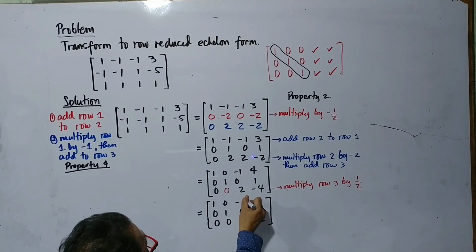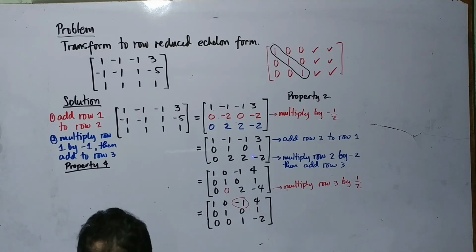Kaya lang may problema ka pa dito, dapat ito maging 0. What will you do? Add row 3 to row 1.